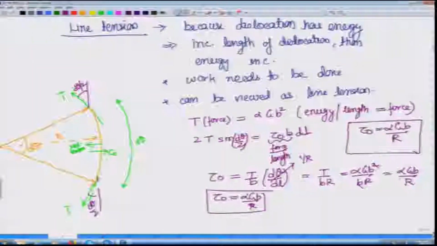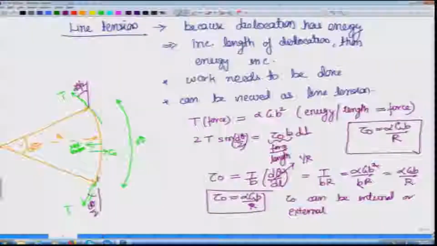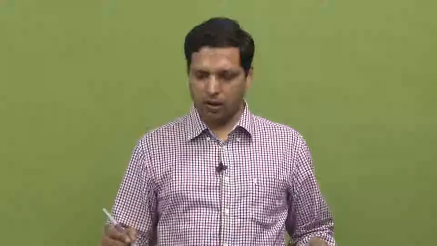The important thing to note here is that this tau naught can be internal or external. External, for example, when you are doing a tensile test, so there is some load being applied, or when you are doing deformation, let us say in rolling or extrusion. Some stress is being applied externally, which gets translated to a resolved shear stress tau naught.